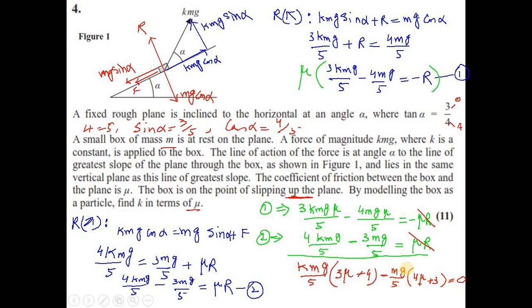Now you can send this term to the other side, so kmg upon 5 into (3 mu plus 4) is equal, on the right-hand side, to mg upon 5 into (4 mu plus 3).